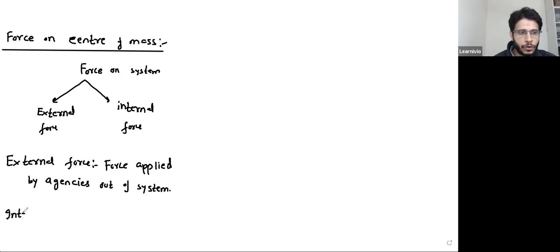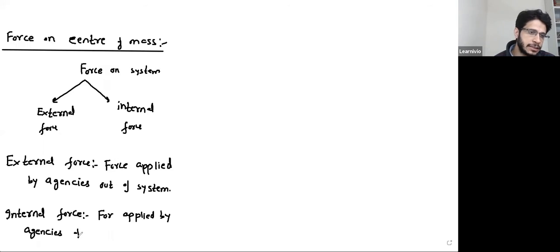And internal force means force applied by agencies of the system. So to decide whether your force is internal or external, you first have to define your system. What is your system? What are the constituents of your system?